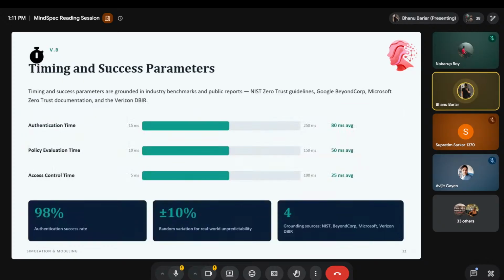Then the timing and success parameters, where the authentication time, policy evaluation time, and access control time were calculated. These all were parameters that are grounded in industry benchmarks and public reports, that are totally concept based.